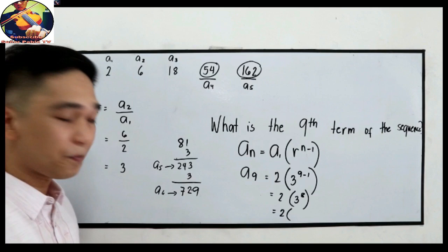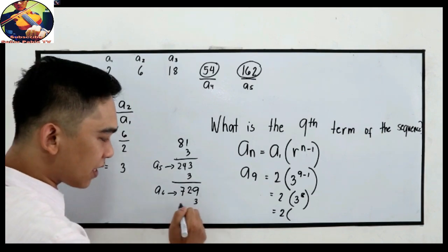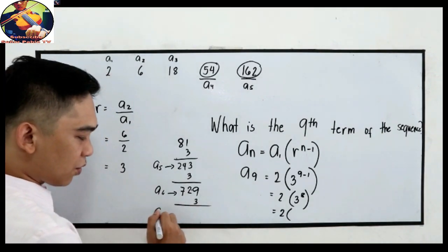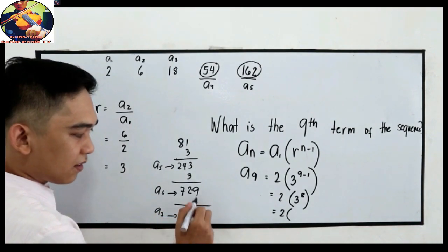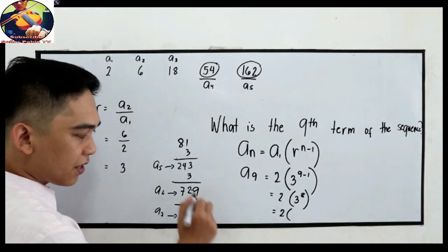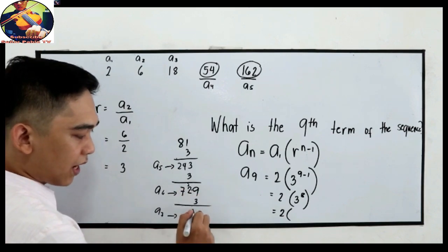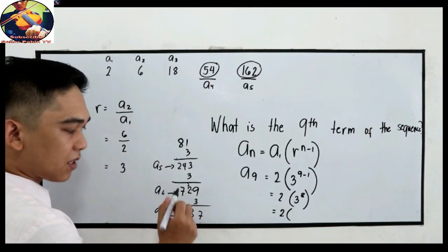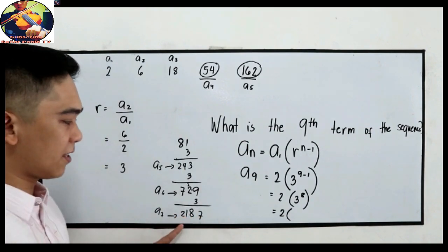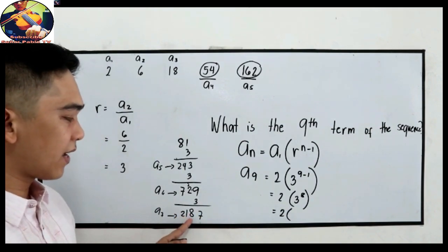It's 6. Next, A7 tayo, times 3. Para makuha sa A7, 9 times 3, 27, carry 2. 3 times 2, 6 plus 8 plus 2, 8. Next, 7 times 3, 21. So, 2, 1, 8, 7.